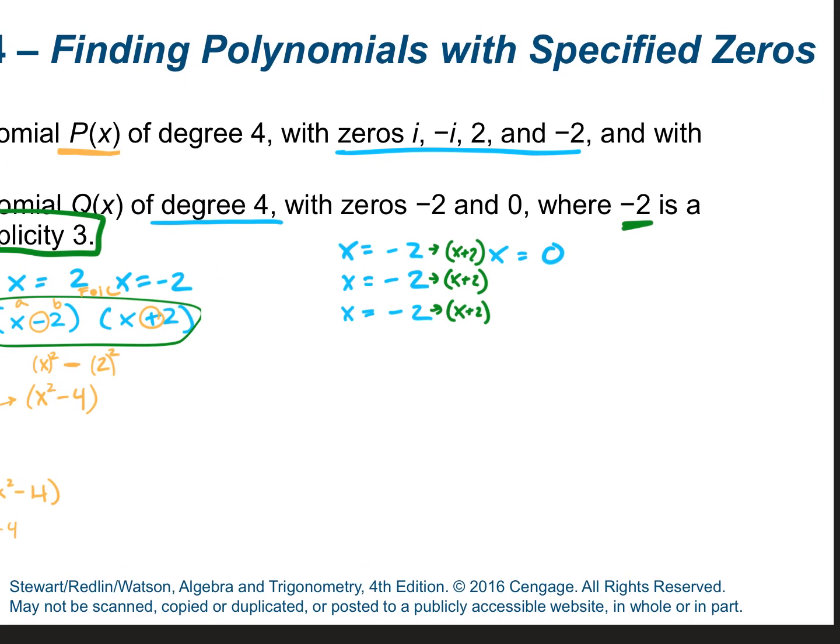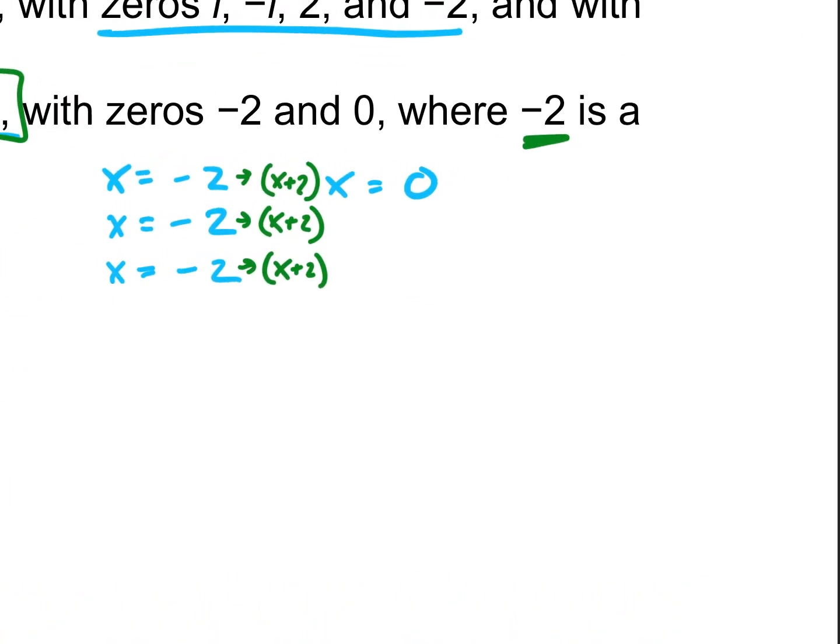And since our polynomial had a degree of 4, we know that we're going to have 4 x's total. So let's write all of this out. I have x plus 2 times x plus 2 times x plus 2. When x is equal to 0, how would I write that? Just x. Awesome. So I'm going to put that out front, I'll worry about it at the end.